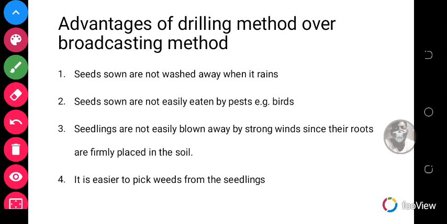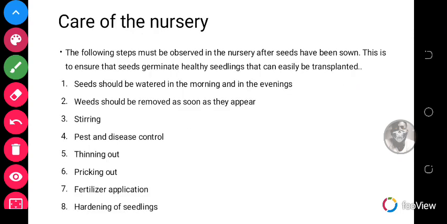Seeds sown are not easily eaten by pests, for the same reason: because they are sown deep down in the soil, pests wouldn't find it easy to get to those seeds. Seeds are not easily blown away by strong winds, since their roots are firmly placed in the soil. Because they are firmly rooted in the soil, it's also easier to pick weeds from the seedlings.